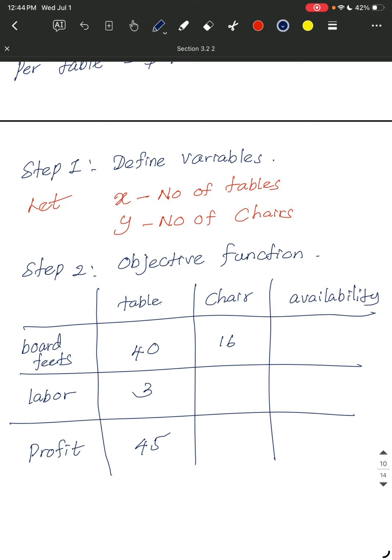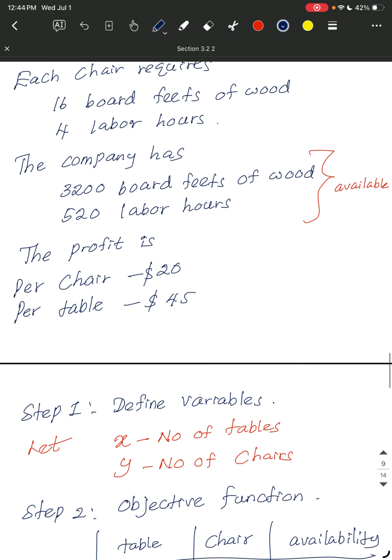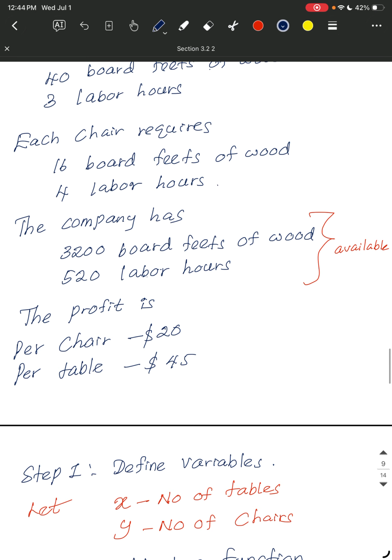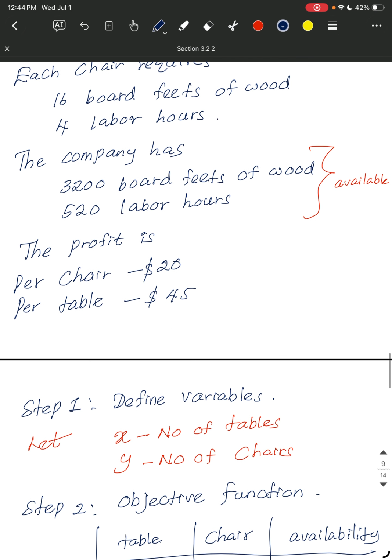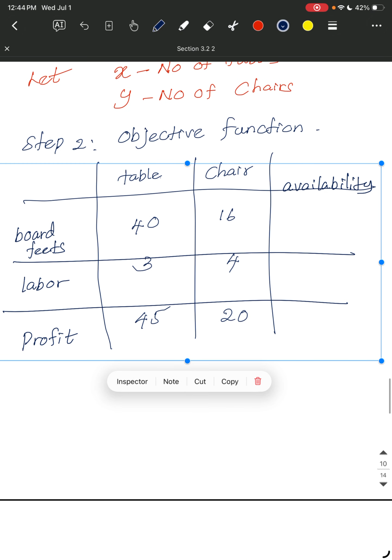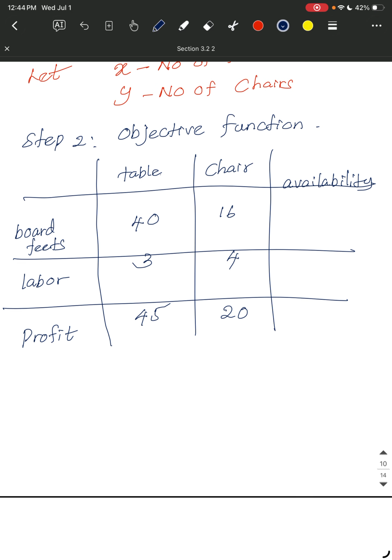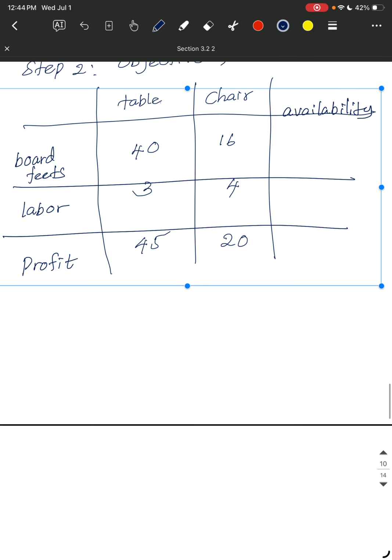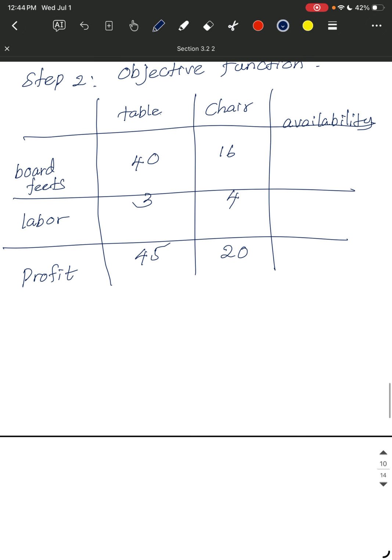And the total availability of board feet 3,200 and the labor hours 520.